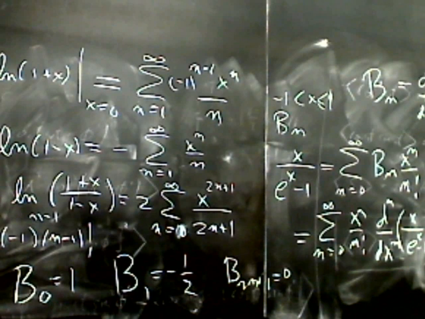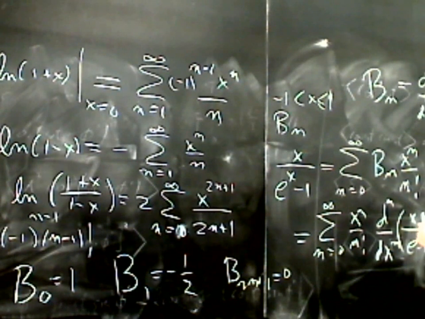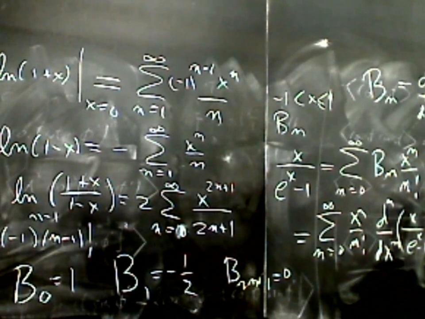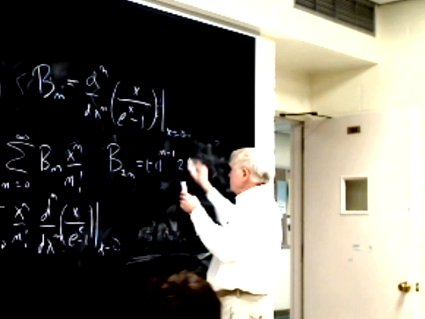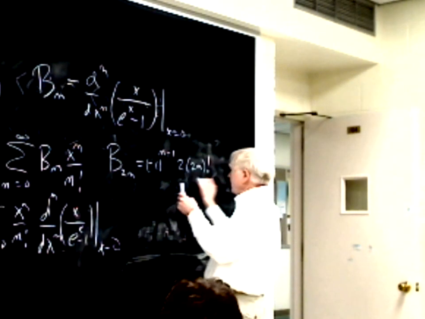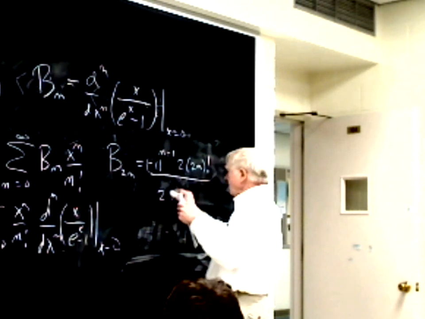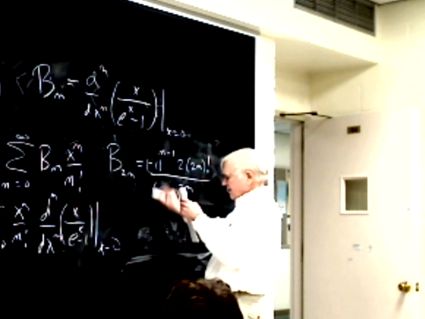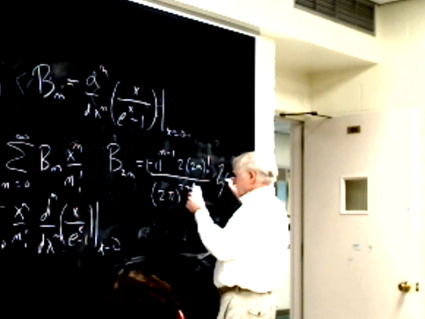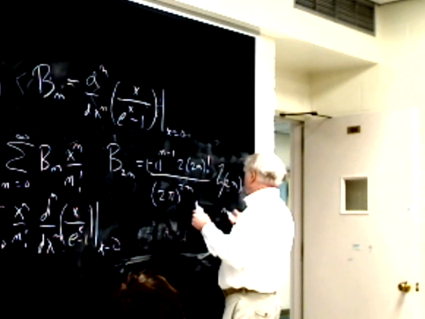And there's in fact a mystical formula for B2n, namely it's (-1)^(n-1) times 2n factorial over (2 pi)^(2n) times zeta of 2n. This is for n greater than 0.